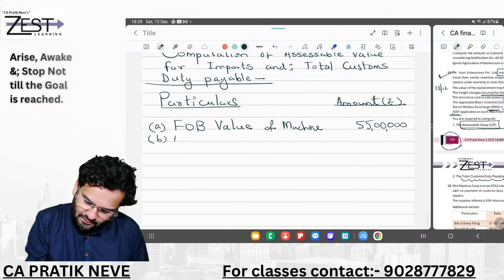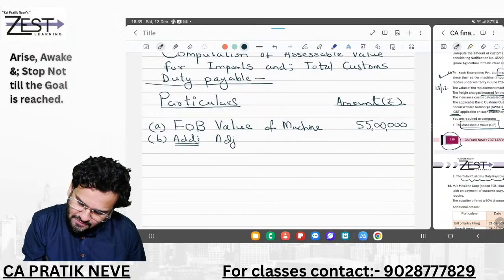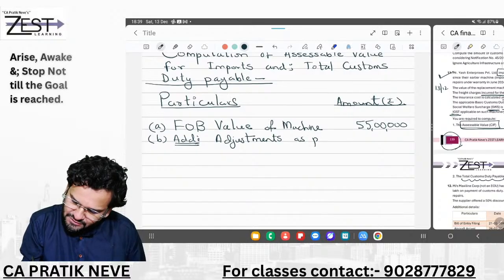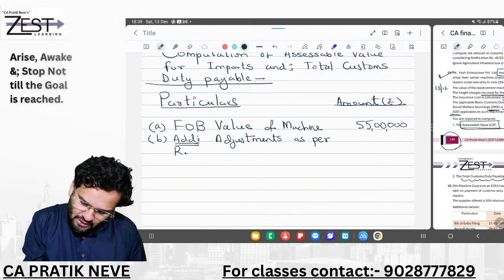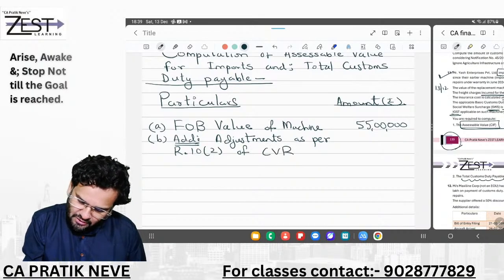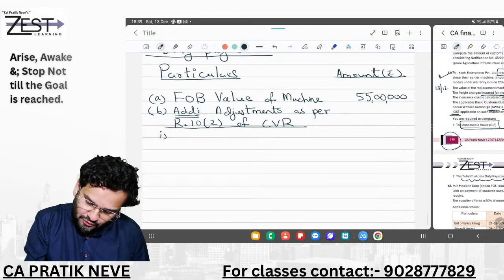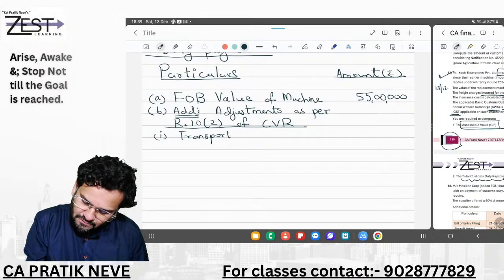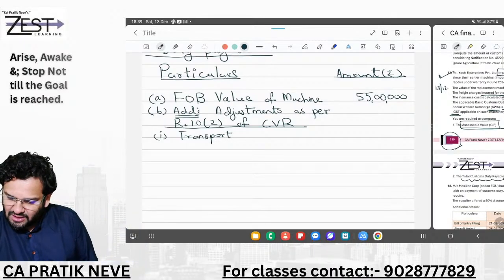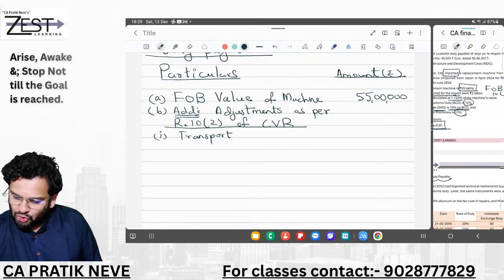Now what you are adding are adjustments or items as per rule 10(2) of customs valuation rules. In that, first one will be transport. So transport is how much? 2 lakhs.